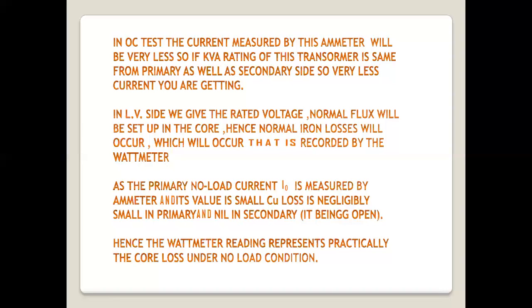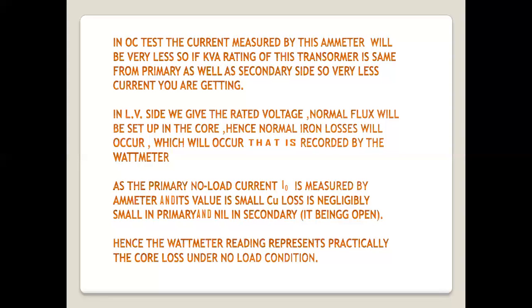So the copper loss in the primary side is negligible. So we can only concentrate on the core loss from the open circuit test. Hence, the wattmeter reading practically represents the core loss under no load condition.